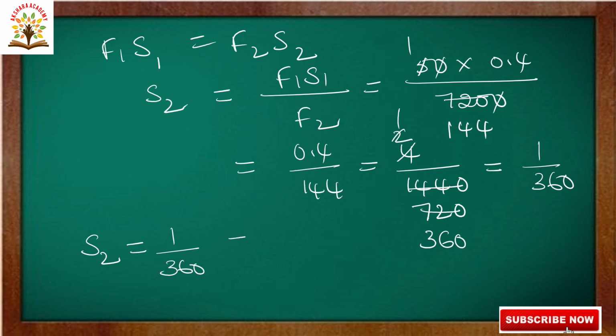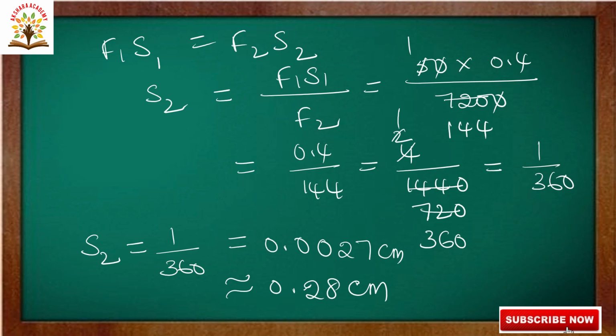The distance is 1 by 360, which is equal to 0.00277, or approximately 0.0028 meters, and converting into centimeters, 0.28 centimeters. Okay, this is the final answer.